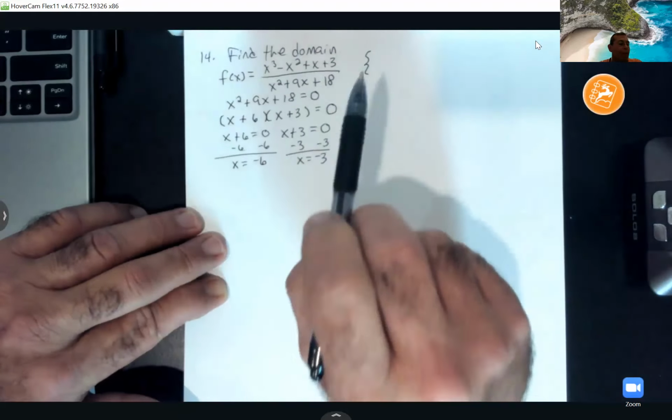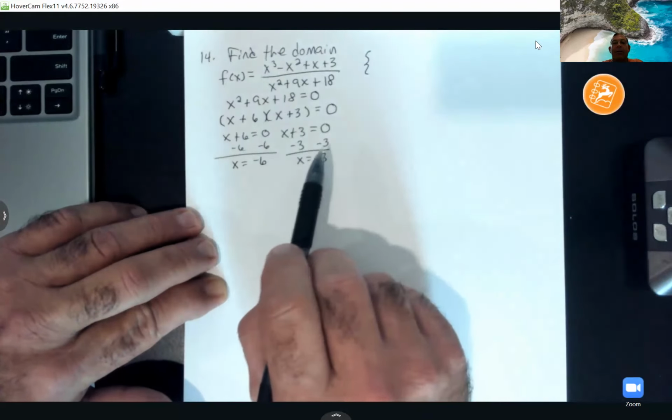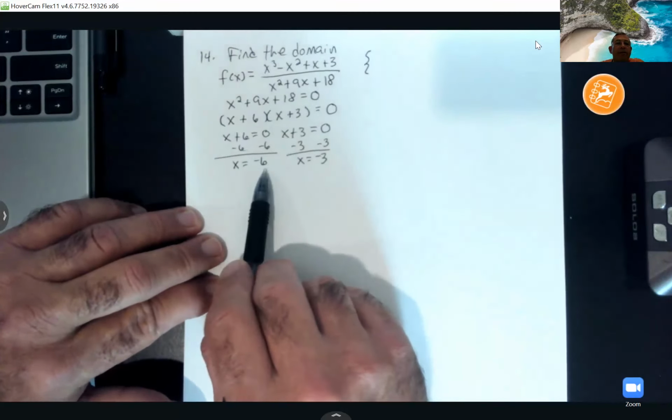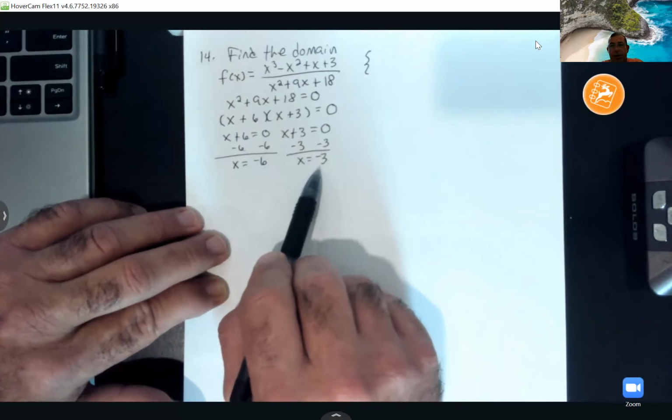Now, they want these answers in ascending order. So they always want the smallest number first and then the larger number.